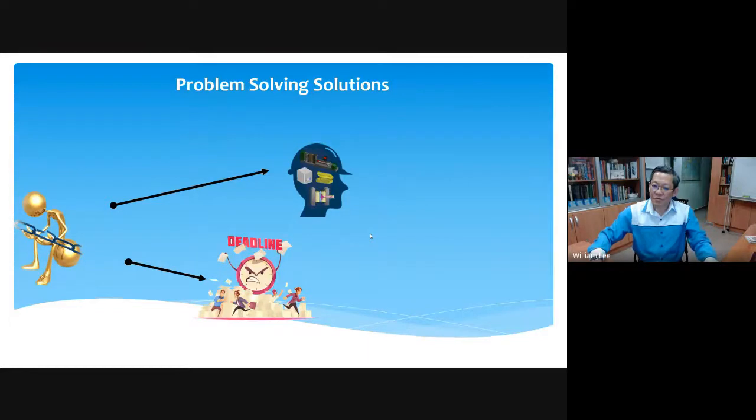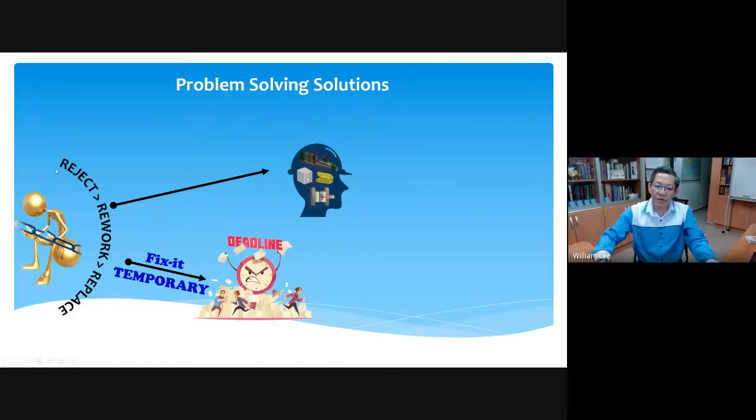So when you have this problem, of course, it relies on your skill to solve the problem. To me, solving the problem, you have two ways. One is to fix the problem, but this is just a temporary measure only. Fixing it means that you have to do it fast. Why do you need to do it fast? Because you have a deadline to meet. And usually this is what happens in the factory, in existing manufacturing.